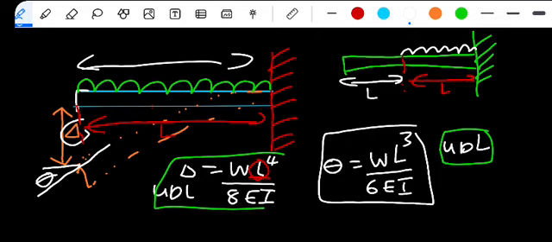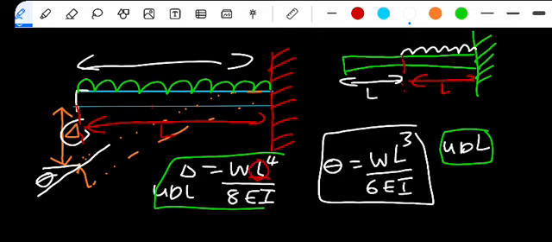Now it is an additional length. When we focus on the additional deflection, you understand, it's just an additional. We'll have that additional there.